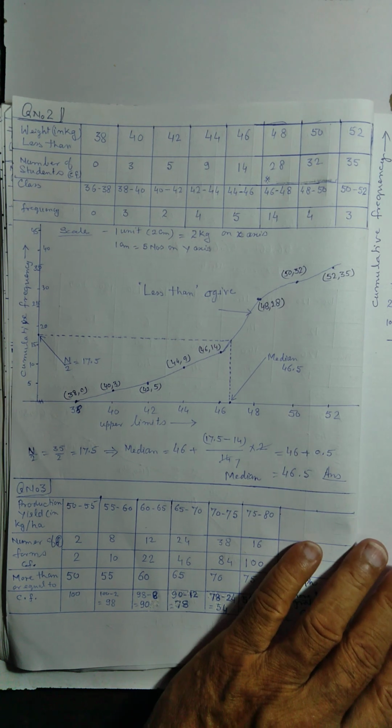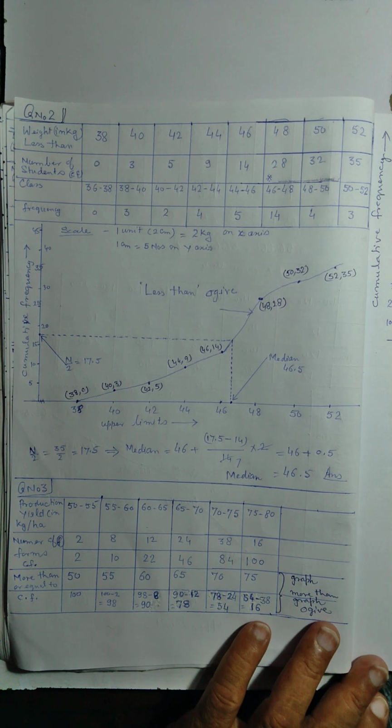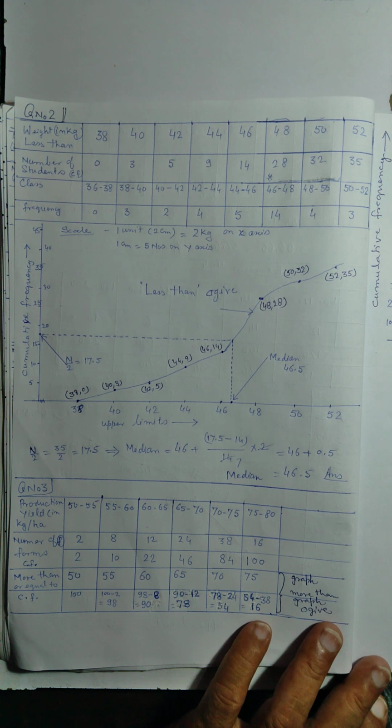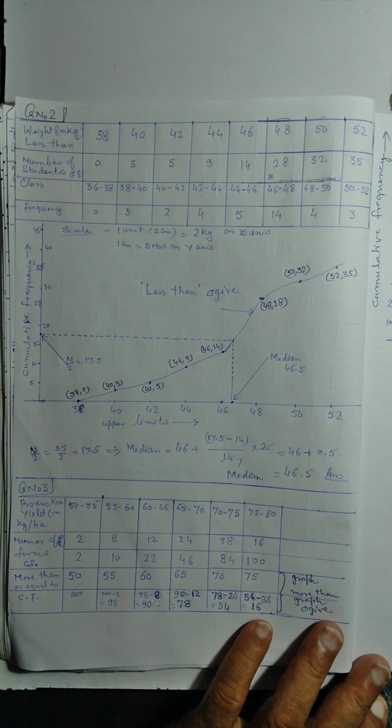Now proceed to question number 3. The following table gives the production yield per hectare of wheat of 100 farms of a village.